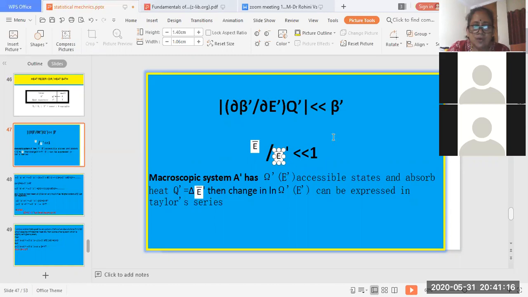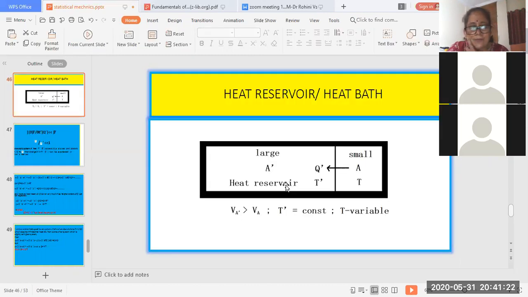From that you will come to the macroscopic system. Why am I calling this a macroscopic system? Compared to this, this is large, macro, and this is micro. But compared to the whole ensemble, this is a small system, so the whole system can be called a macroscopic system.